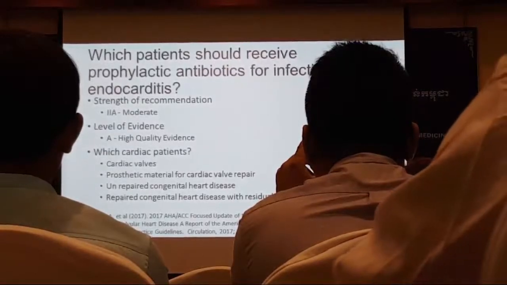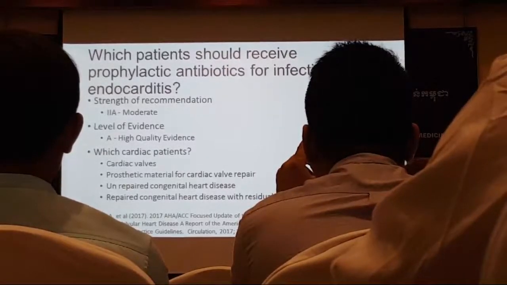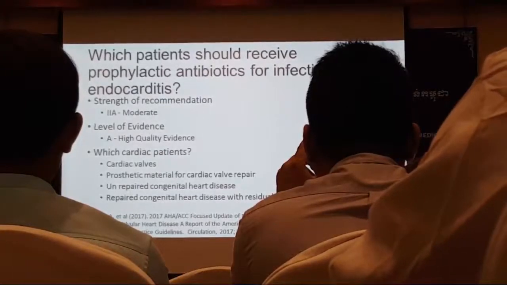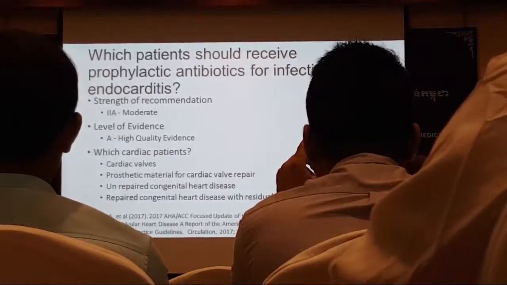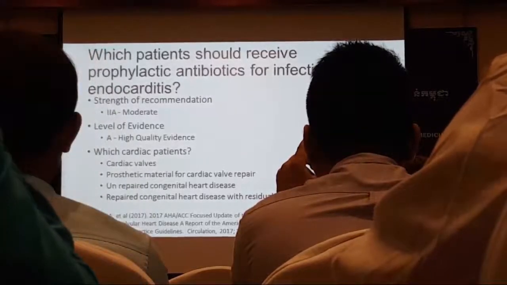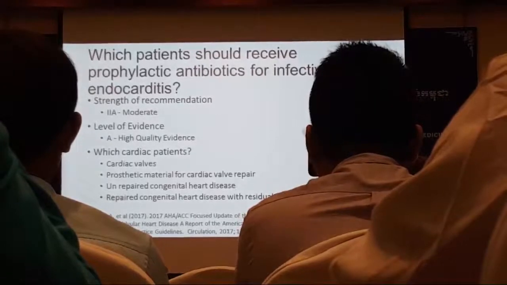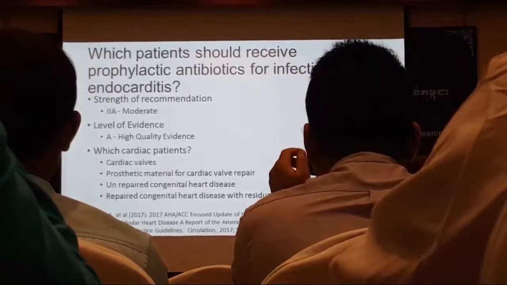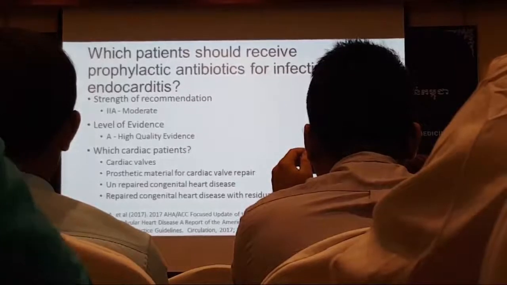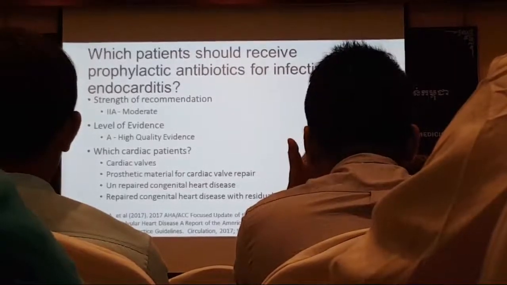They've used prosthetic material for cardiac valve repair, unrepaired congenital heart disease, and repair of congenital heart disease, but they still have a shunt. As I look at other suggestions, patients that have had previous infective endocarditis, also something we should consider to treat.